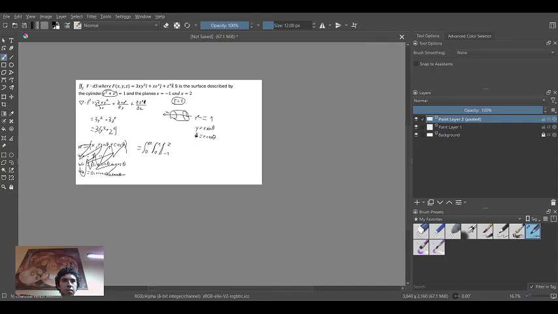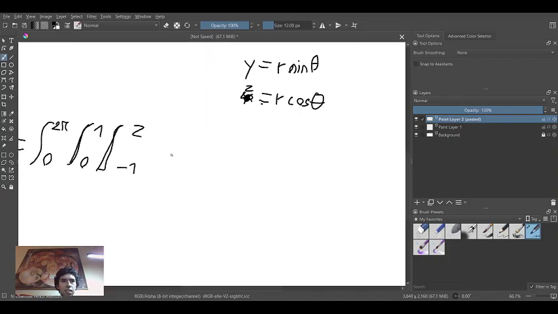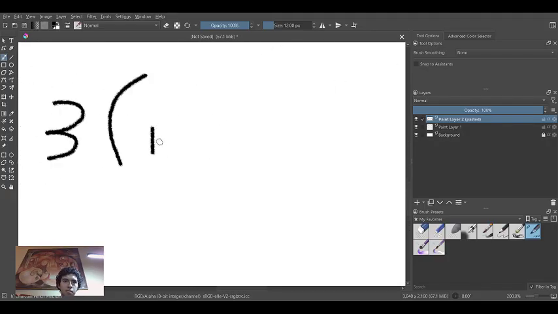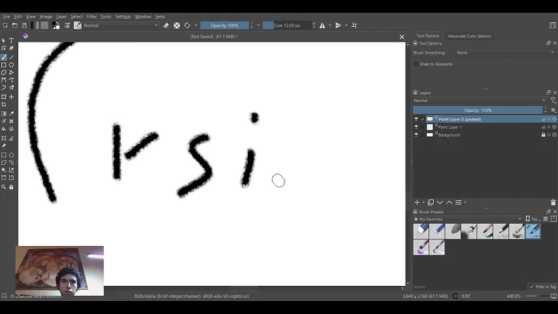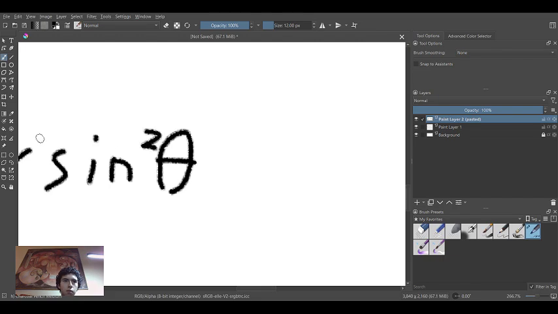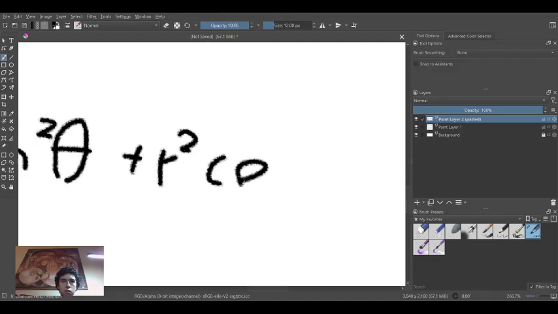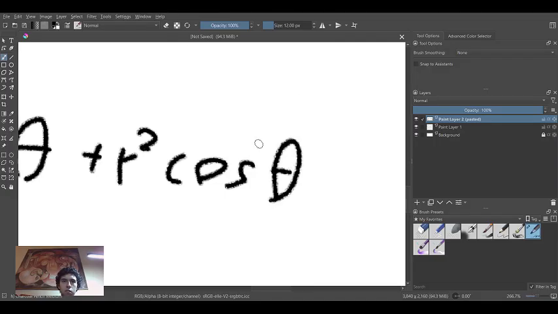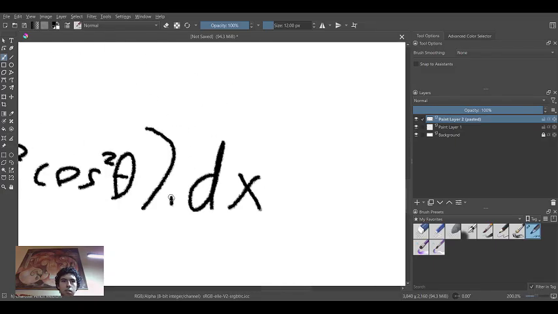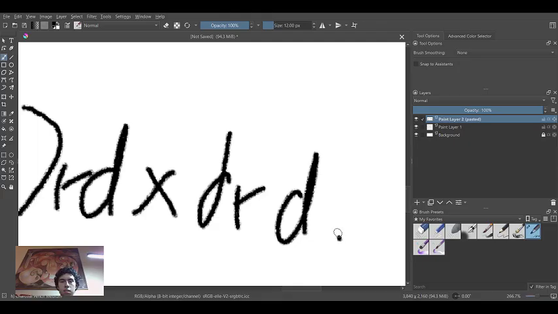And there we go. And now we're going to take this function and have 3y, which is actually r sine theta, times r squared sine theta squared plus r squared cosine theta squared, dx, r dx dr d theta.